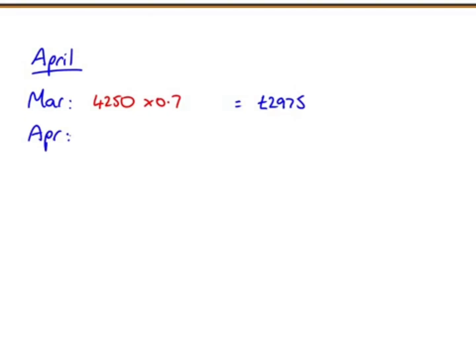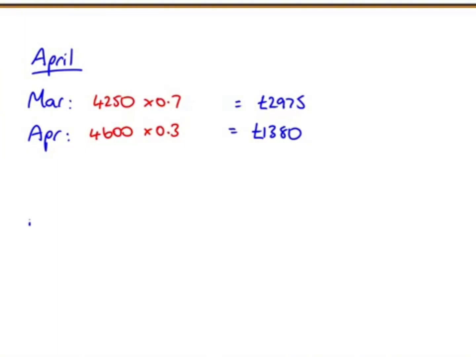We're also going to receive part of April's sales figures because they are the cash sales. So our April sales are 4,600. We're going to receive 30% of those sales, so we will be receiving £1,380 from April sales.